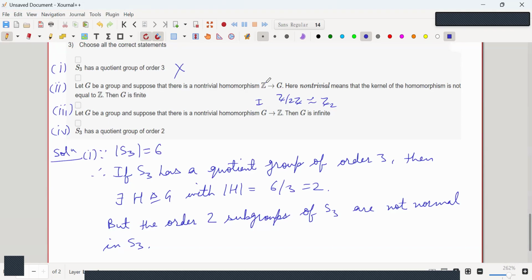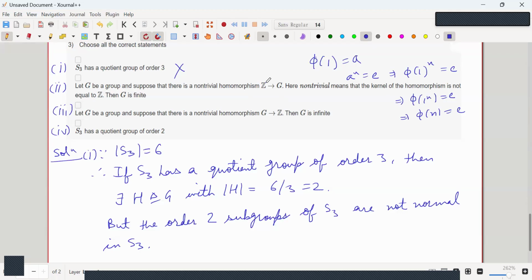Suppose phi of 1 maps to some A, phi of 1 equals A, where A belongs to G. And suppose A power n equals E, where n is the order of A. So that means phi of 1 power n equals E, which just means that phi of n is mapping to E. So that's not a problem.